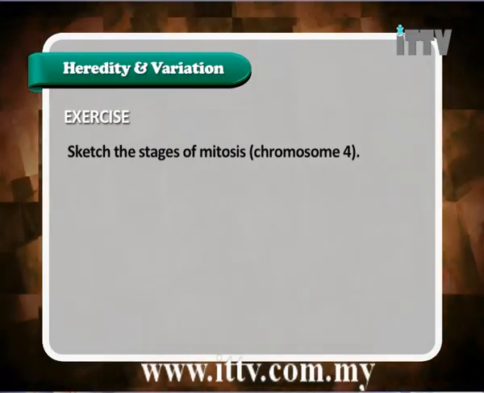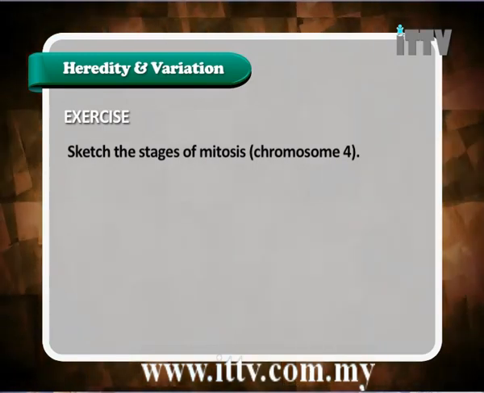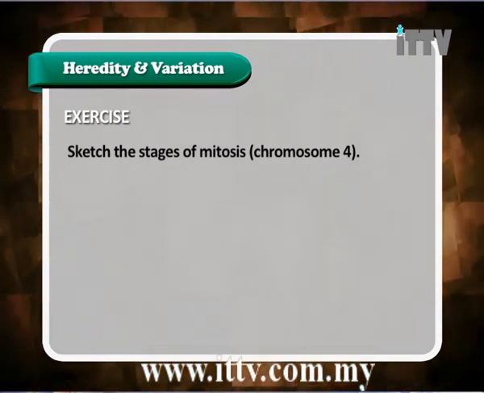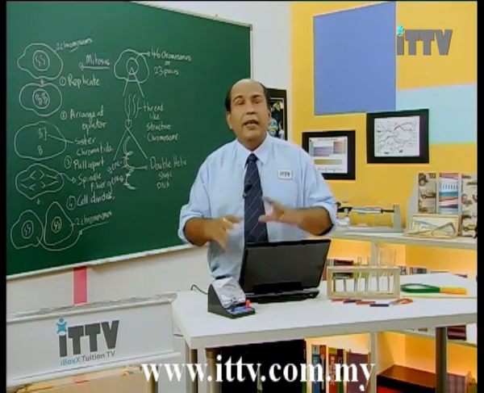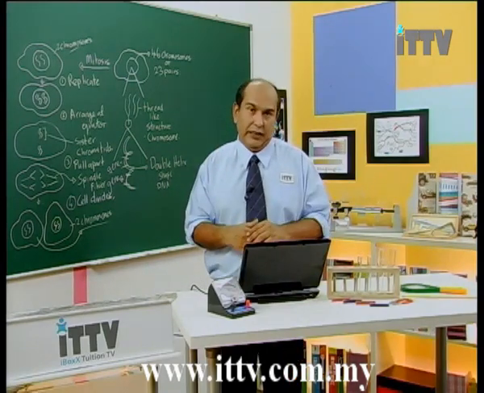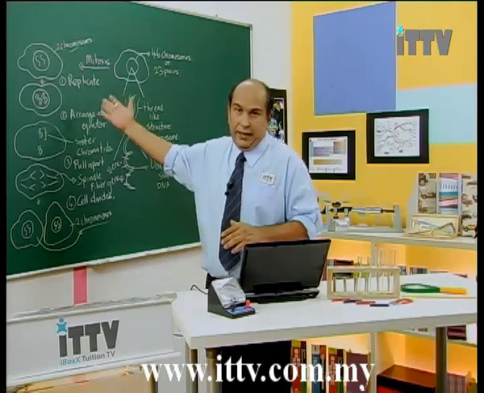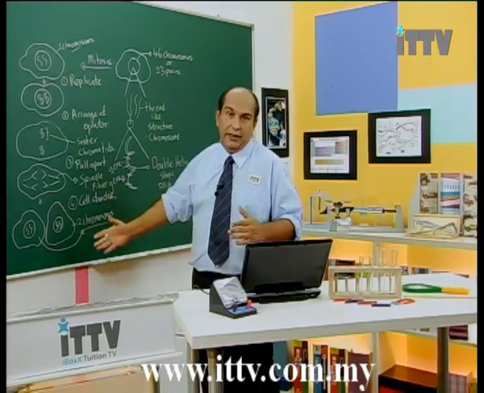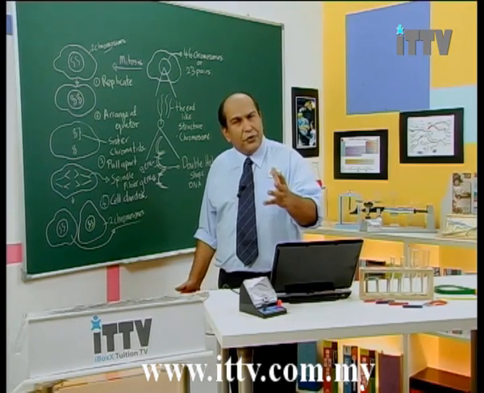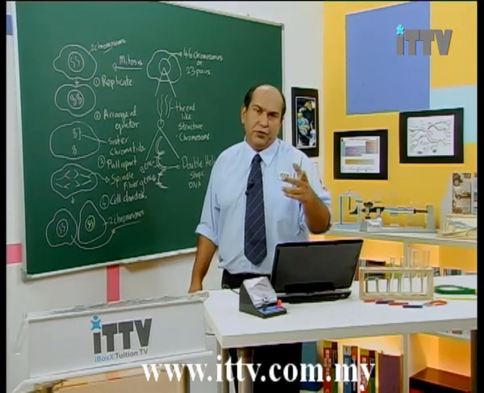Sketch the stages of mitosis. Chromosomes 4. So what I would like you to do at home is to redo the whole process. Look, you've got a guide here. All you need to do is follow this guide. What I'm asking you to do is change the number of chromosomes.